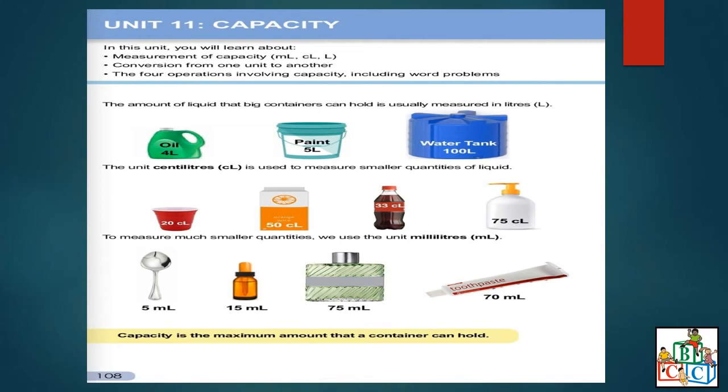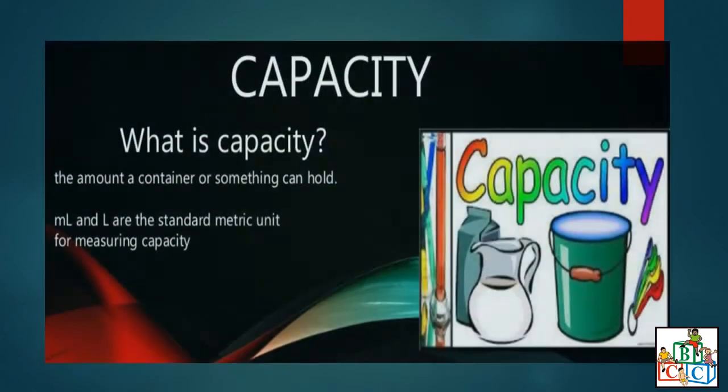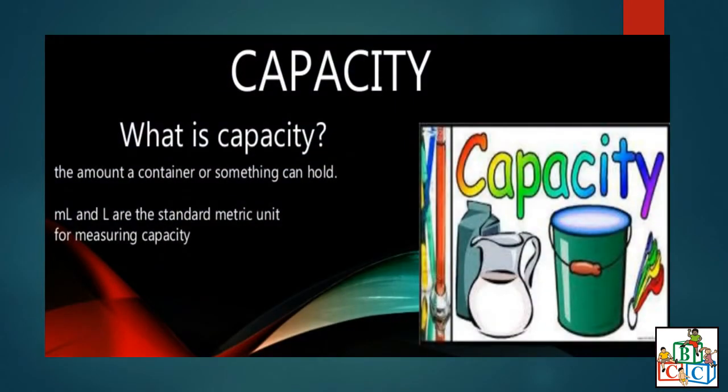Capacity is the maximum amount that a container can hold. So what is a capacity? The amount a container can hold. Milliliters and liters are the standard metric unit for measuring capacity.